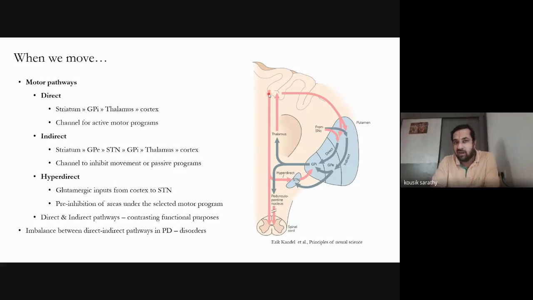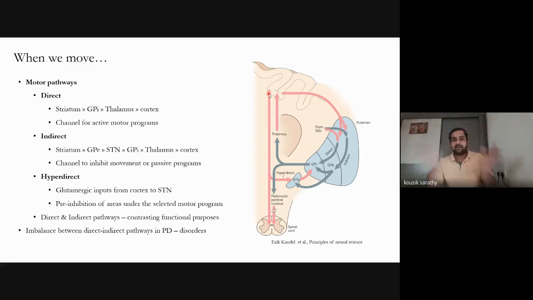And broadly, this channel seems to be taking care of pre-inhibition of areas under the selected motor paradigm. So I'm assuming what is called the center surround model here, which was proposed by several people, including Atsushi Nambu. But there are various models of how these three pathways interact and how they enable movement.